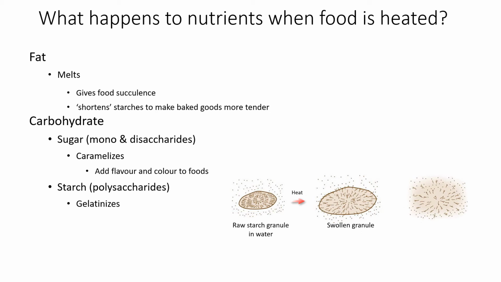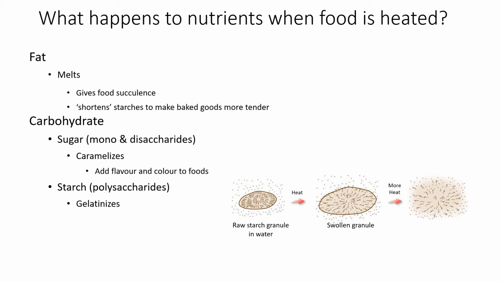And what this does is it swells and it thickens whatever is in there. If you're using a flour in a roux or a slurry, or you're using cornstarch or arrowroot or any of these sorts of starches, the starch granules will gelatinize, absorb water, swell, and thicken up our sauces, our soups, etc.